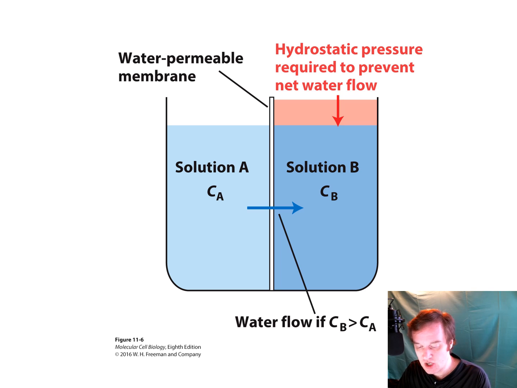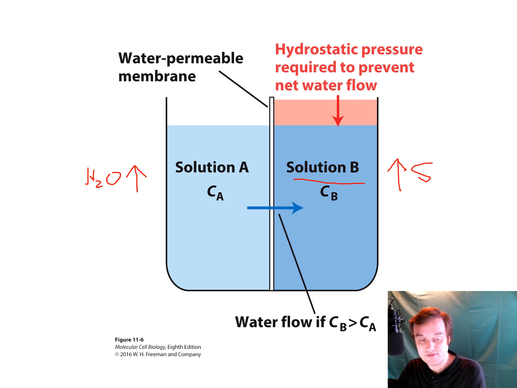So in this case, we have solution B that has increased solutes, which I'll write as S, and solution A has more water. And so because of this, water is going to want to diffuse across this membrane from A to B because it wants to dilute solution B to have equal amounts of water.